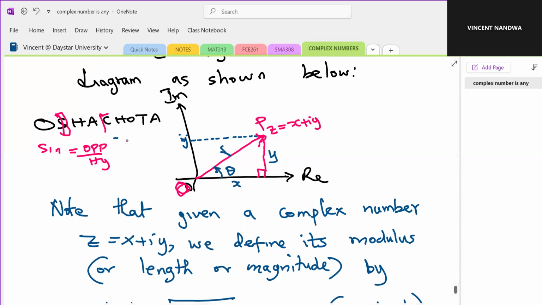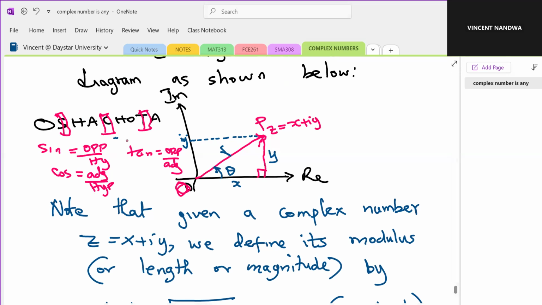And C means cosine is adjacent over hypotenuse. And T means tan is opposite over adjacent. So that's simply what the acronym means.